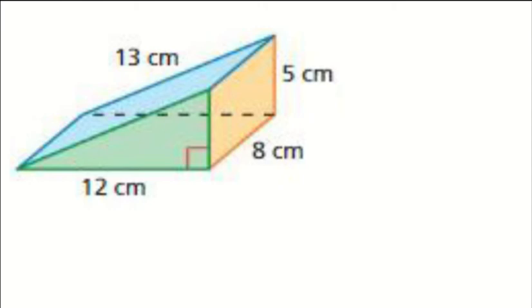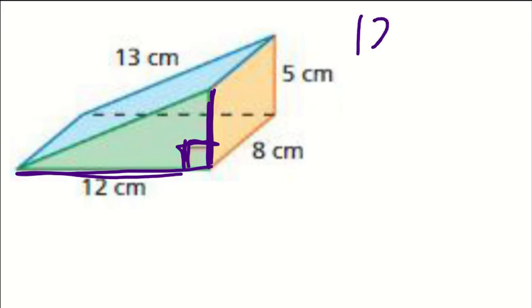Area of a triangle is base times height divided by 2, right? The base and the height make a 90-degree angle. So we need 90-degree angles. So you can see I've got the 90-degree angle right there. That means this side and this side make my triangle, or my base and the height.